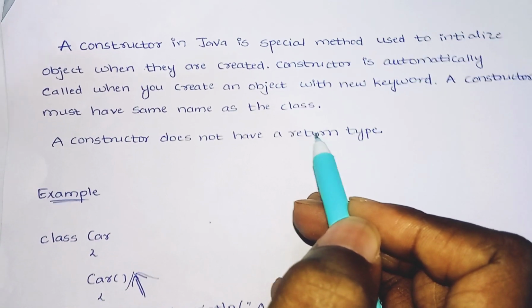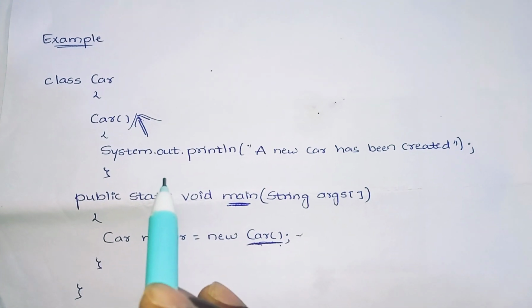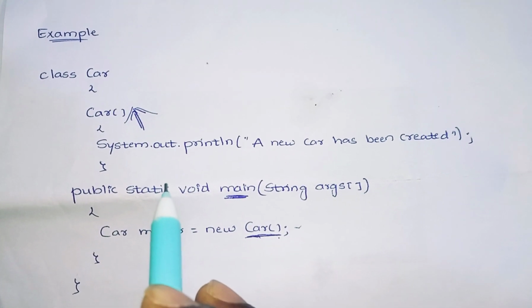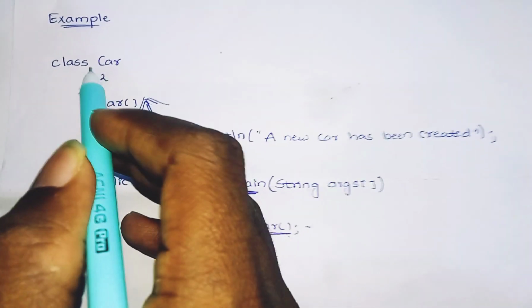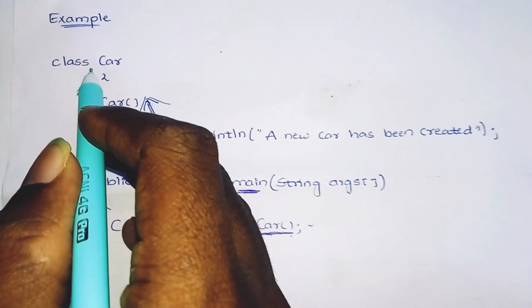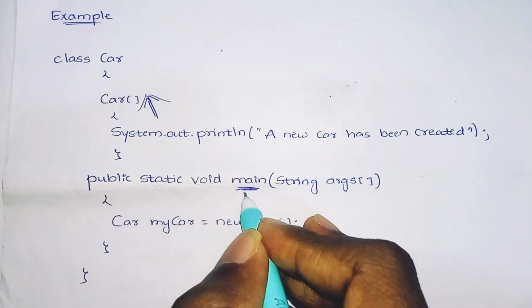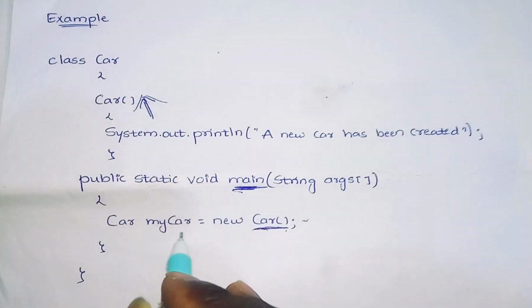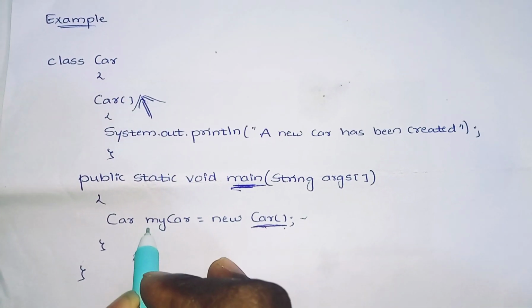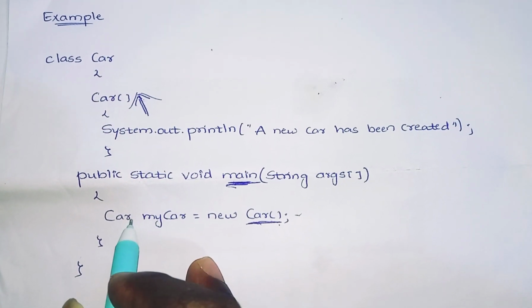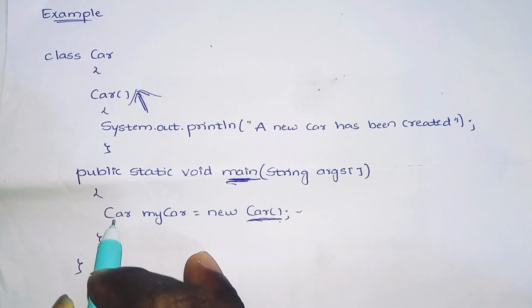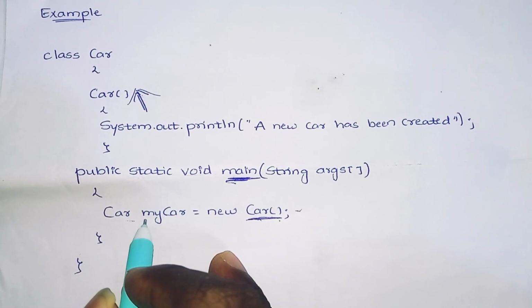So this is the example that shows how a constructor is automatically called when you create an object using the new keyword. Here I have taken Car as the class name. The execution of Java code starts with the main method, and inside the main method I am creating the object for the class Car. To create an object, the syntax is Car, which is the class name, followed by a reference variable.